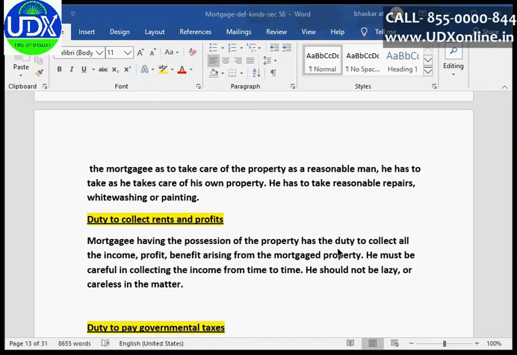I have told you there are 6 kinds of mortgages. One of the mortgages was called usufructuary mortgage. Usufructuary means the benefits arising from that property.